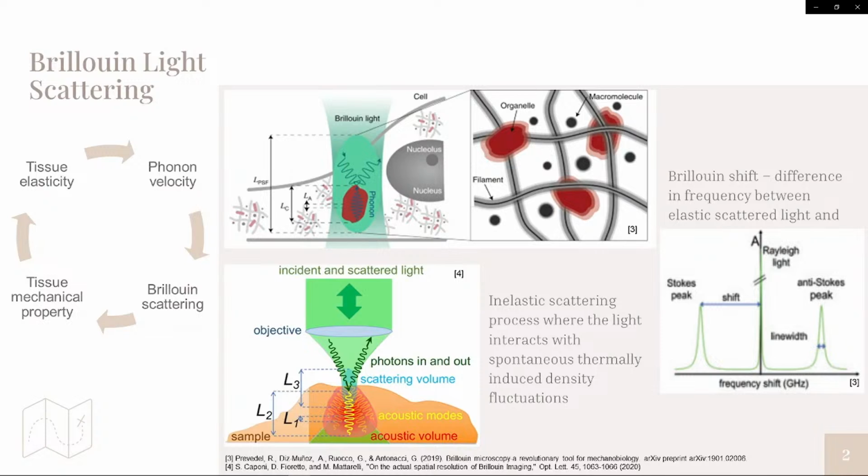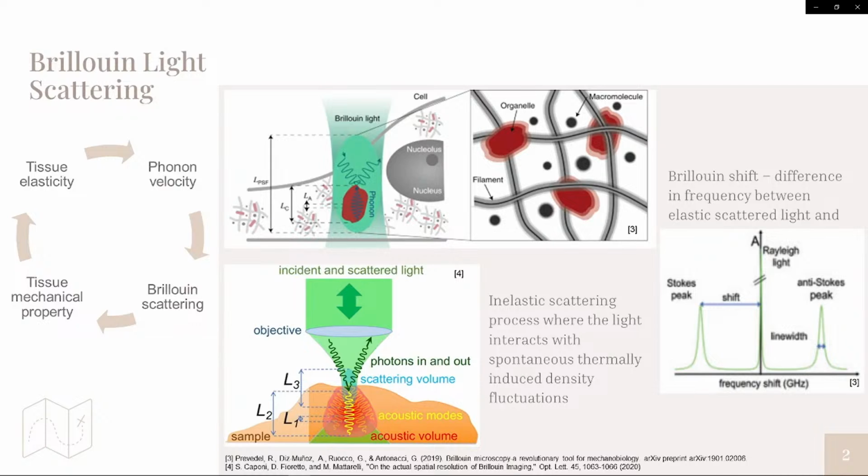Elastic light scattering, like Rayleigh scattering or Mie scattering, solely depends on light-light interaction, whereas inelastic light scattering, like Raman scattering or Brillouin scattering, depends on light interaction with density fluctuations, which are induced spontaneously. And these are also dependent on temperature.